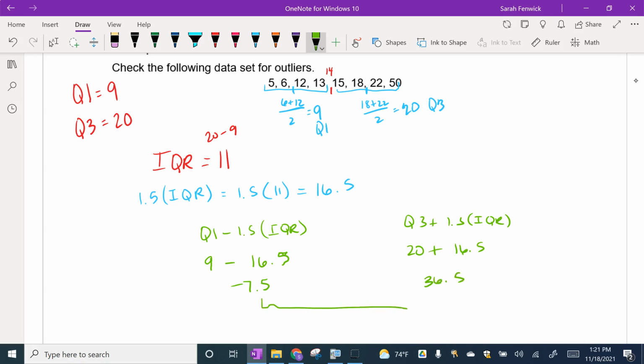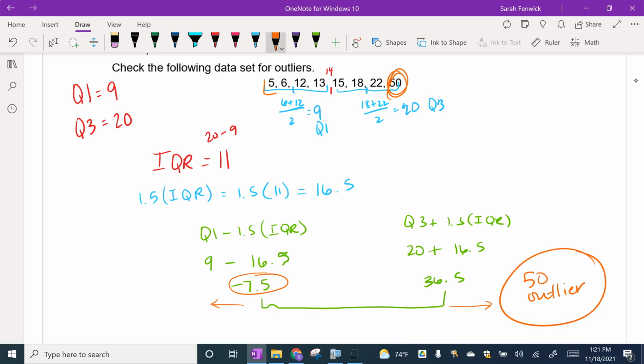So all of my data should lie in this area. Anything outside of that is an outlier. When I look at my numbers, do I have any numbers that are to the left of negative 7.5? No, my lowest number was 5. How about to the right of 36.5? Sure enough, 50 is an outlier. And that is it for section 3.3, measures of position.